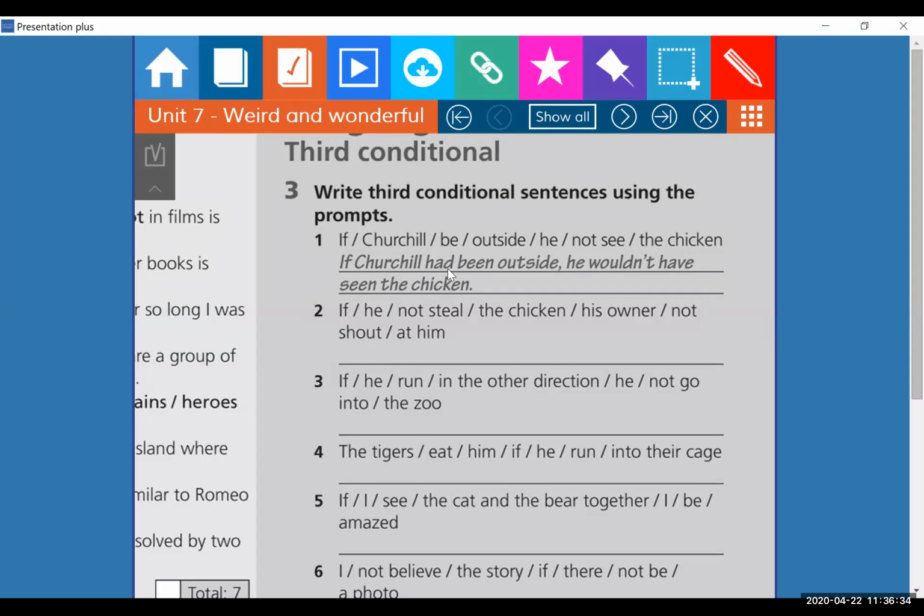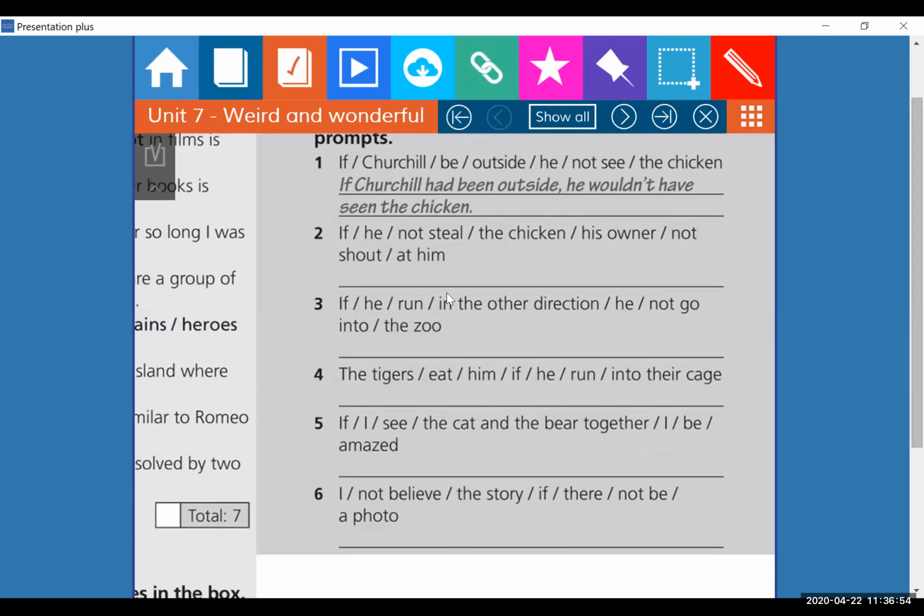Remember, whatever is suggested in the sentence, you take the opposite while you are examining the sentence. Was Churchill outside? No. Did he see the chicken? The opposite of it, yes. And the answer for the second: if he hadn't stolen the chicken, his owner wouldn't have shouted at him.